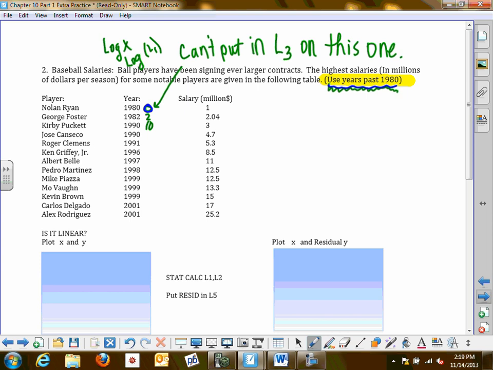What do we normally put in L3? We normally put the log of L1. Okay, we would normally put the log of this x data into L3. You know what? You cannot log a 0. If you try to log a 0, here's what a log of 0 means: 10 to the what power equals 0?